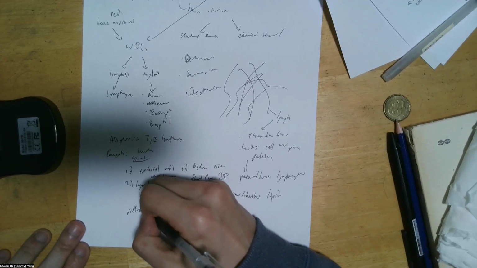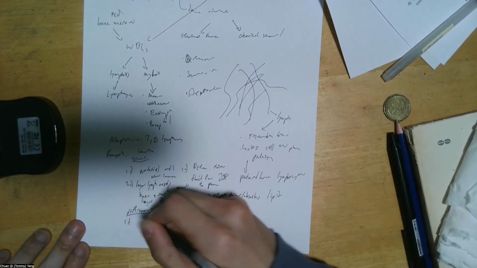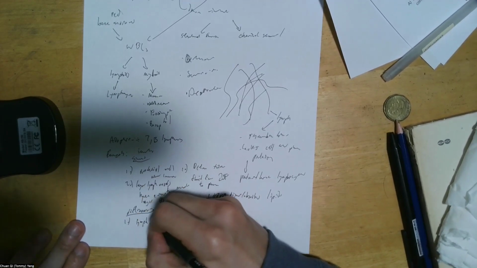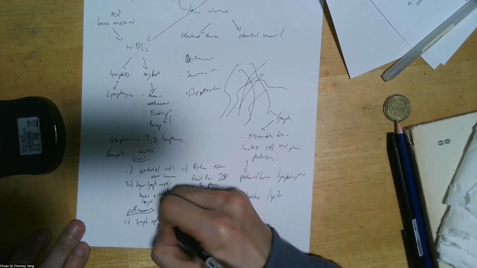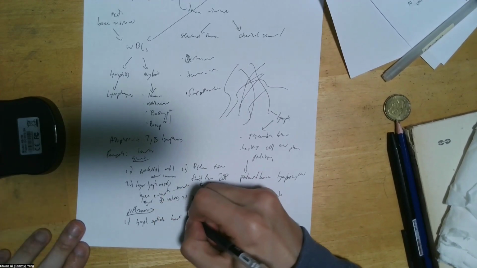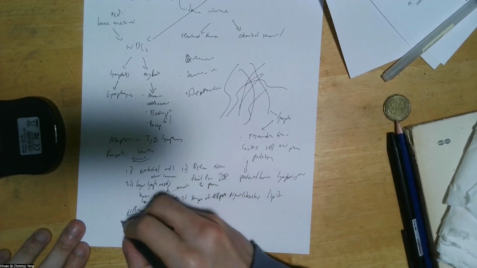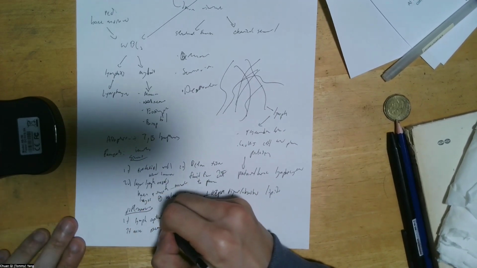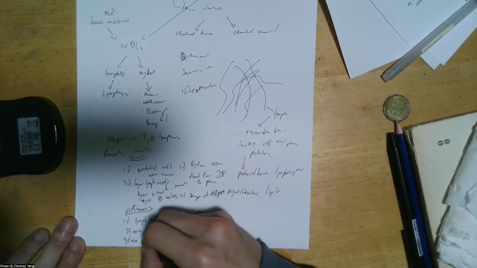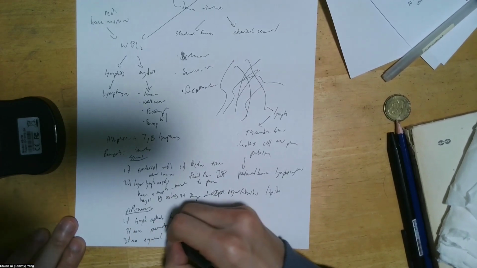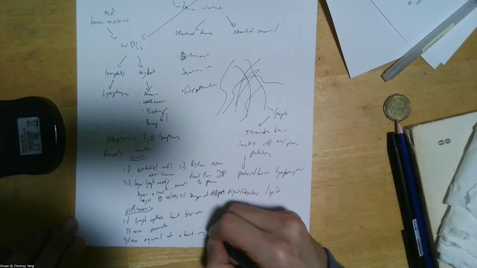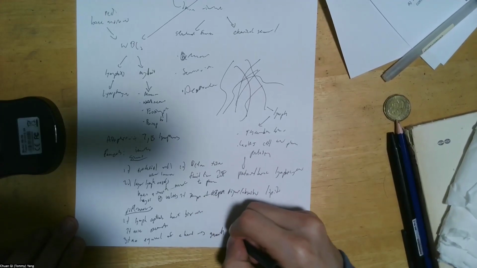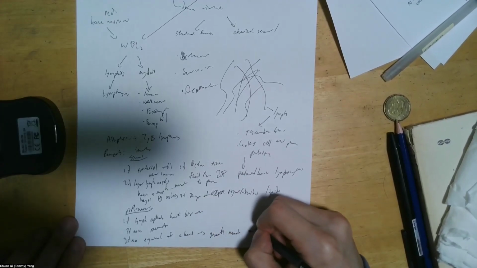Differences: lymph capillaries have blind ends. They're more permeable around their length, and there's no equivalent of a heart. Instead, they're reliant on smooth muscle contractions.